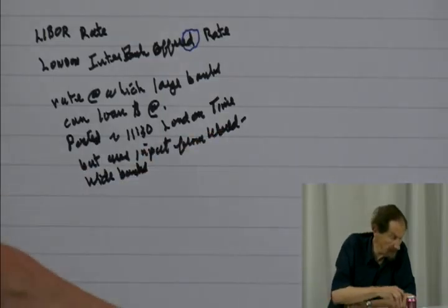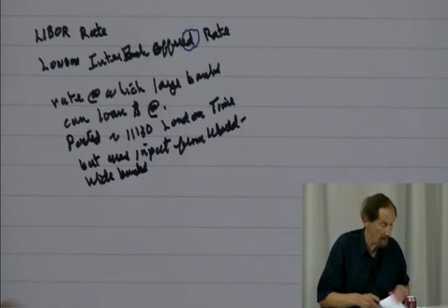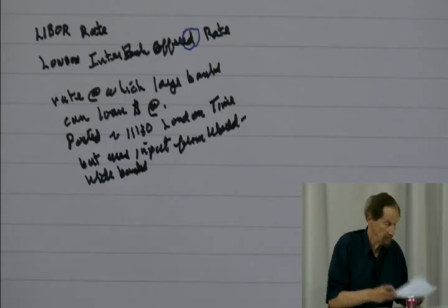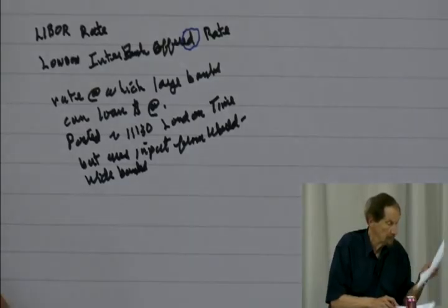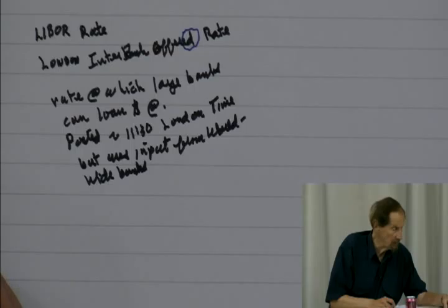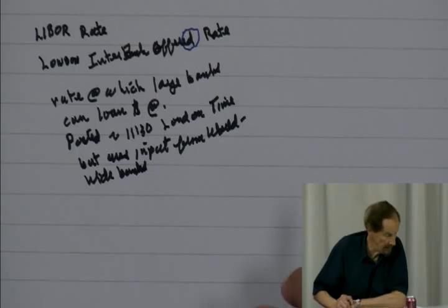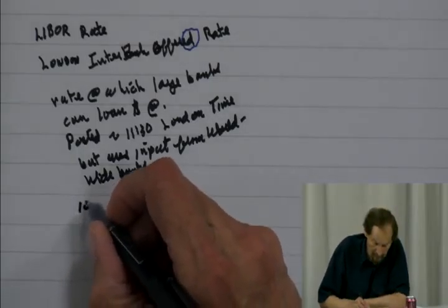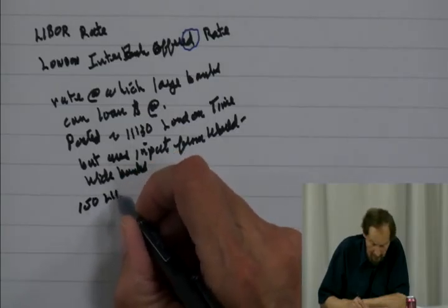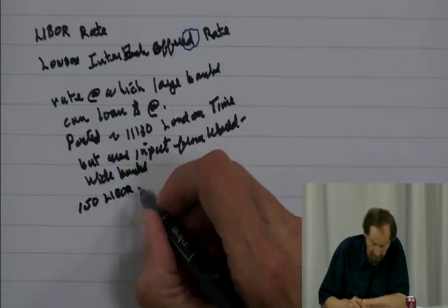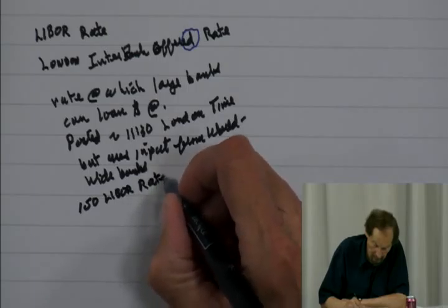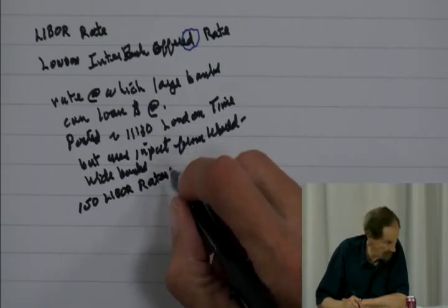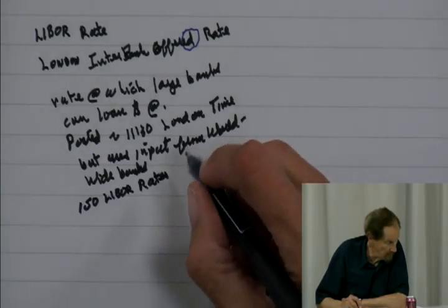And in fact, the LIBOR rate is very interesting. Let's look at something. The LIBOR rate is stated daily. There are 150 LIBOR rates, for different lengths of time, published every day.